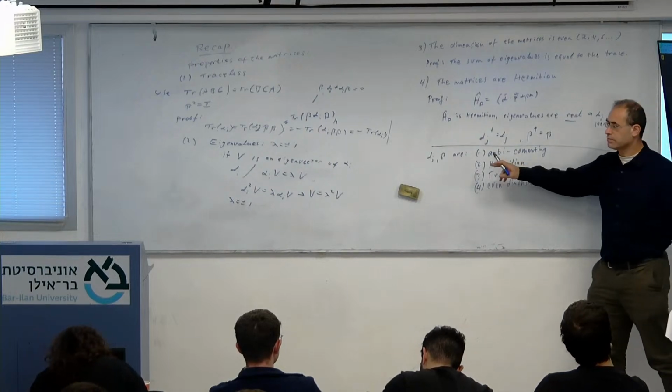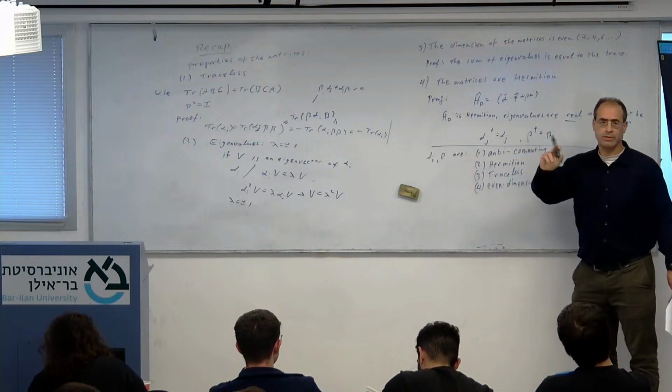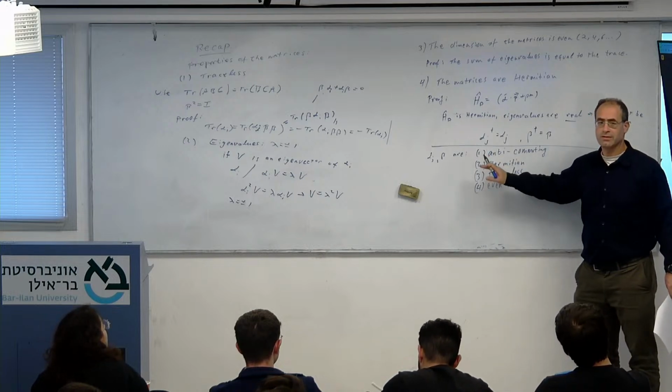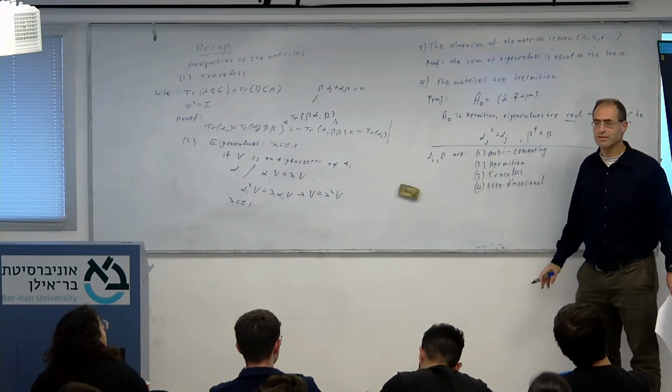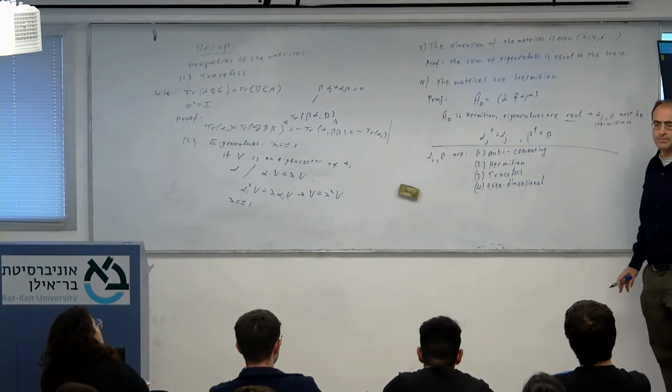These are four matrices, right? If I had only three dimensions, not four. If I only have three, do you know such matrices that fulfill all of these? Pauli. Is there anybody here that does not know the Pauli matrices?